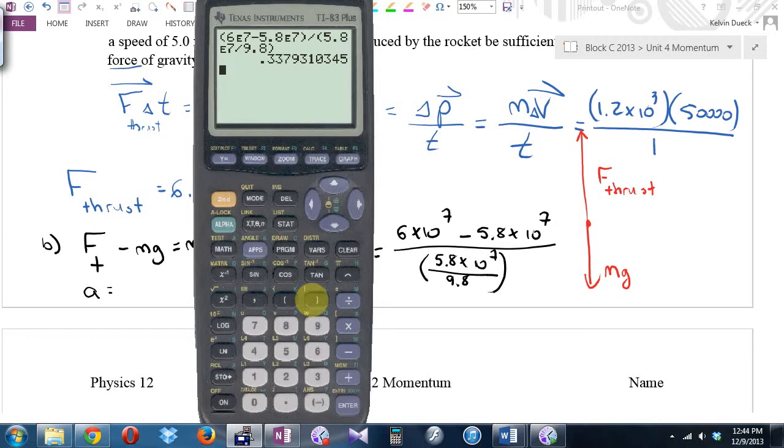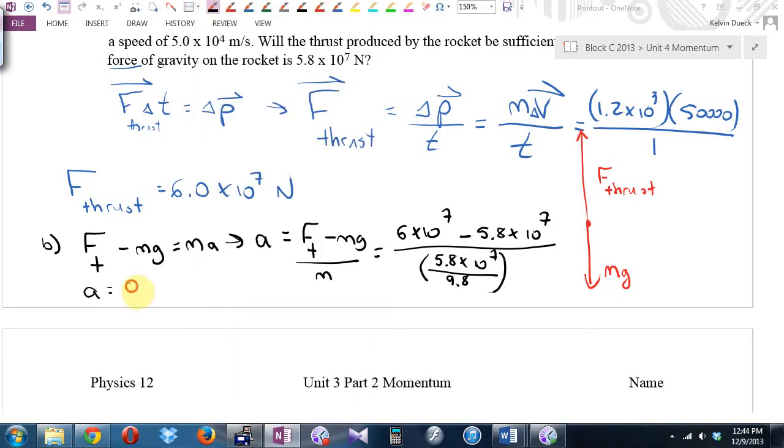You get that? Or am I wrong? 0.338? Curtis is smiling almost sheepishly, saying, hey, that ain't very big. It's not. Ah, but wait, Curtis.